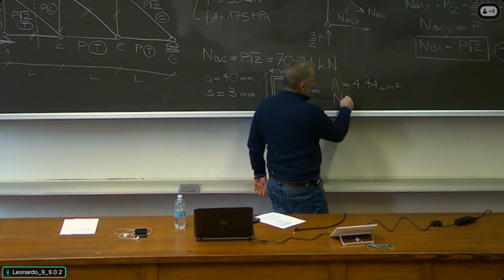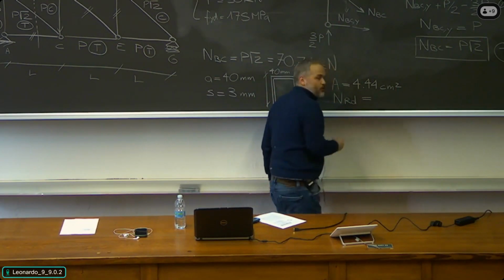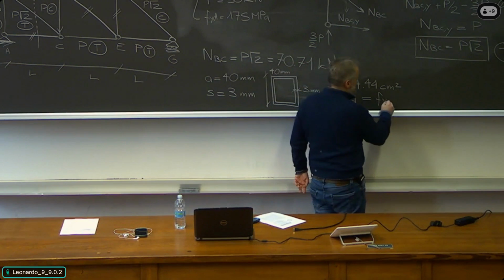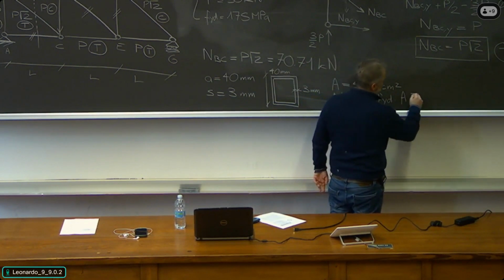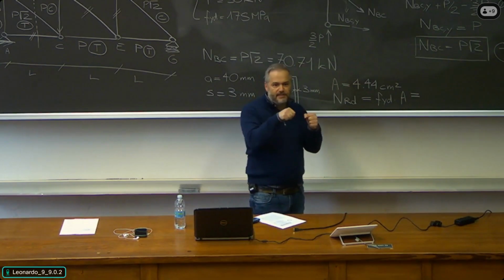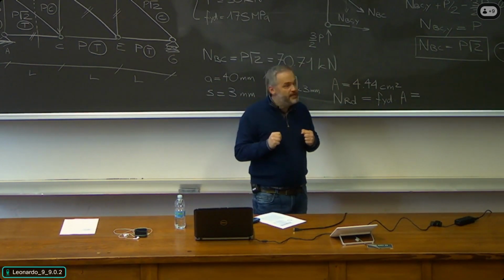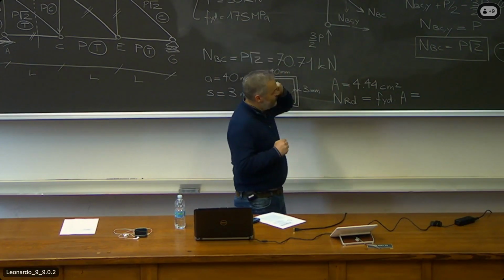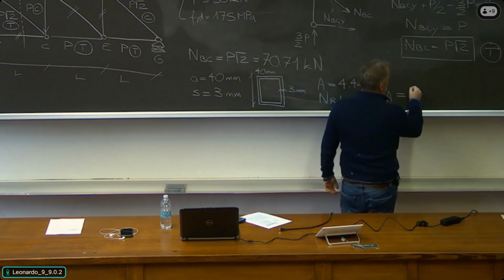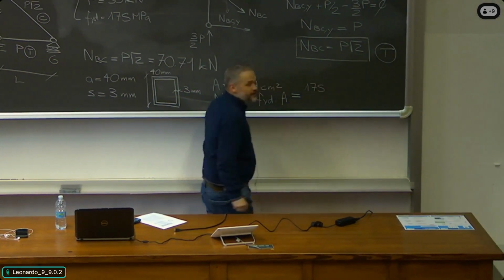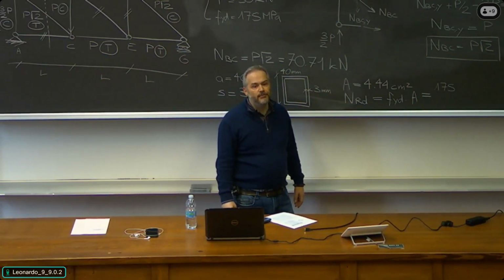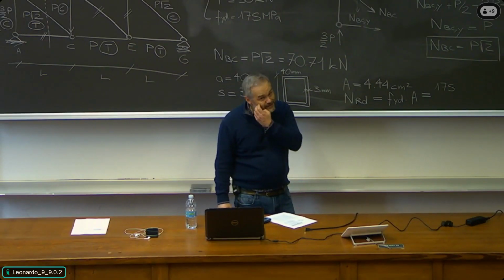The resisting axial force, plastic axial force, call it whatever you want, doesn't matter, is FYD times A. Each fiber is stressed to its largest value, which in our case is the yield strength. So the calculation, what does it yield? 175, it's megapascals. To be able to use the units of measure in the correct way, you have to remember that megapascals are newtons over square millimeters.